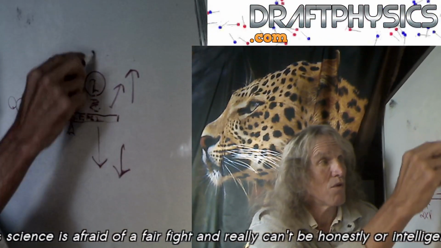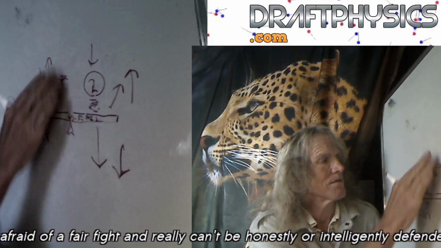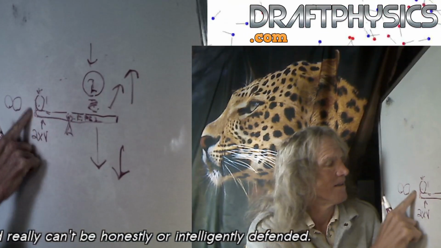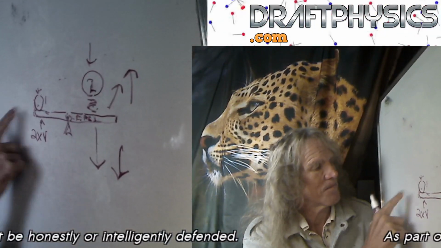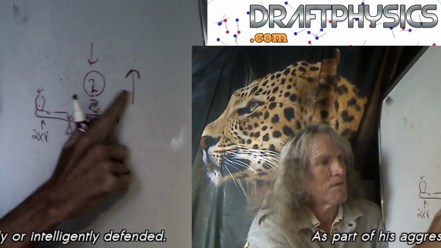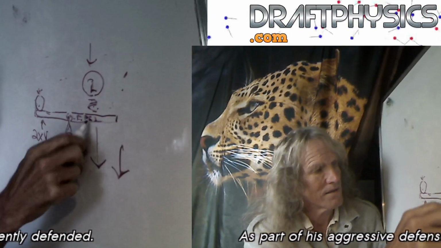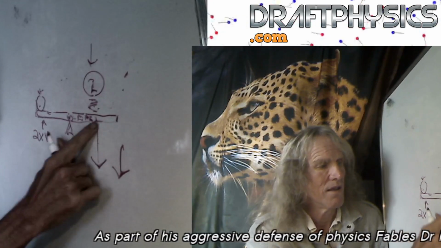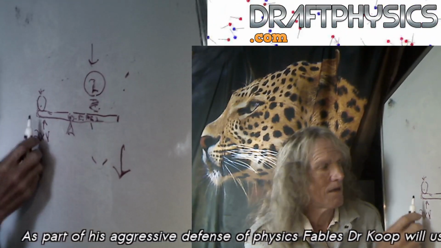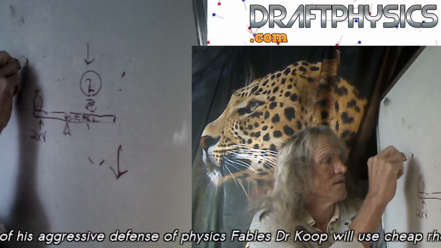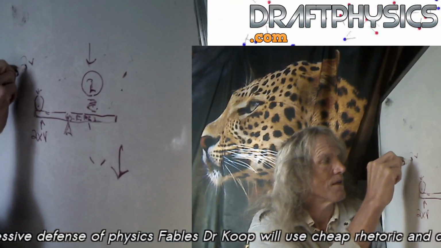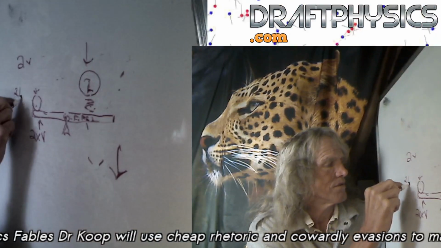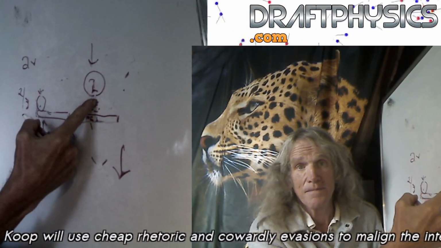Now, in this 2-to-1 one, let's erase all this extra stuff. In this experiment where you drop the two mass at one distance and you have the one mass out here at the right location, my prediction is it's twice the velocity. His prediction was 2/3 this velocity.